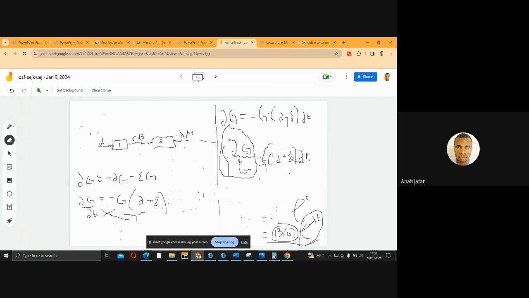Only a dt here. So here you have ln g is equal to, here you have minus.